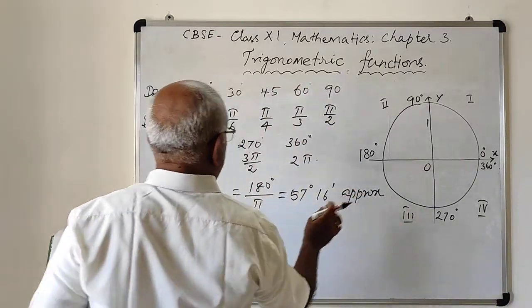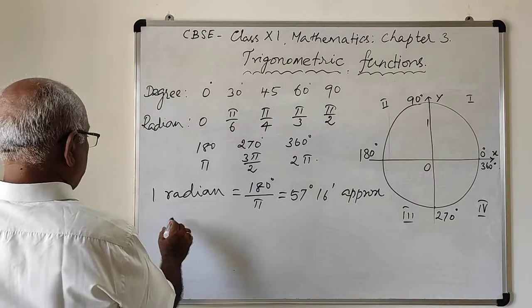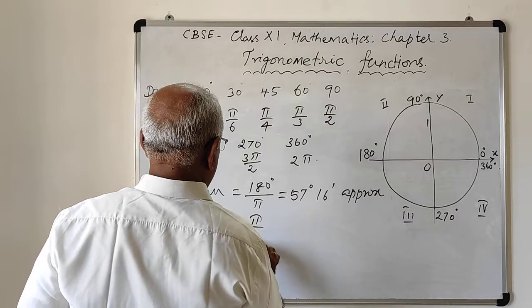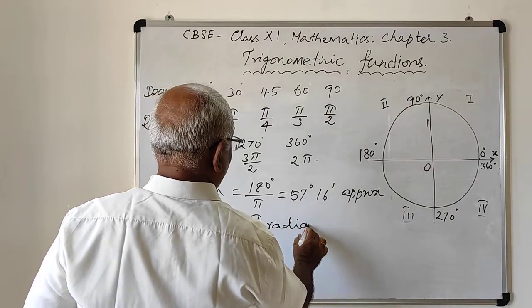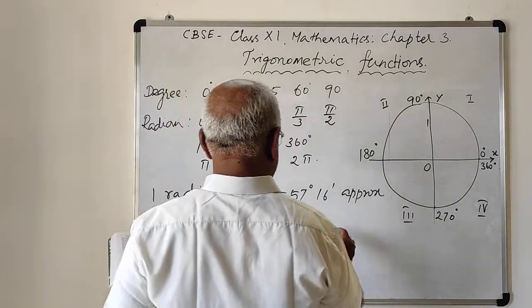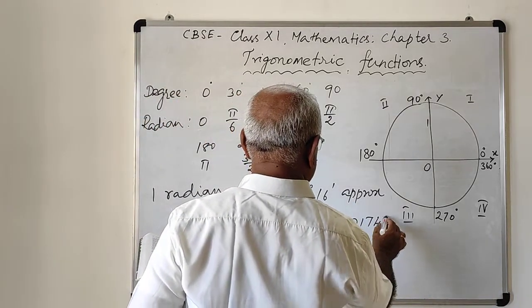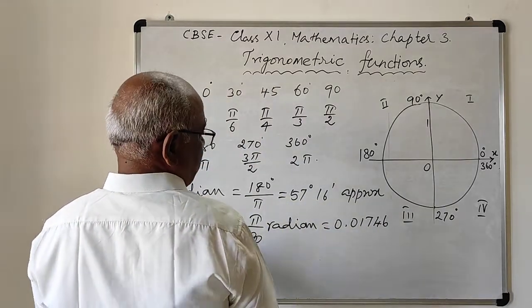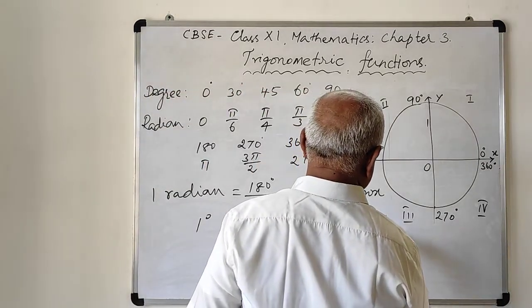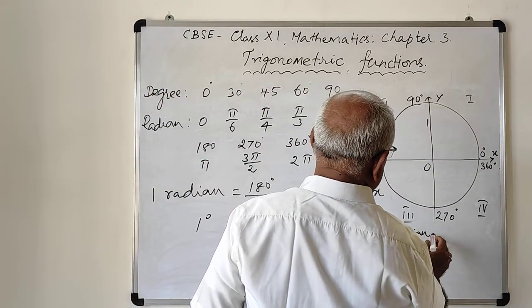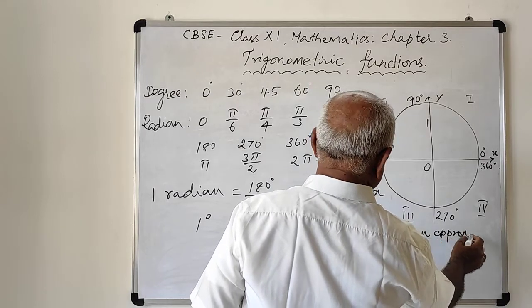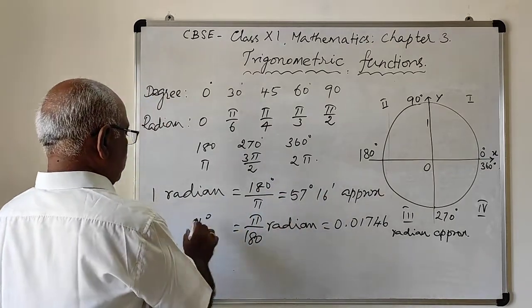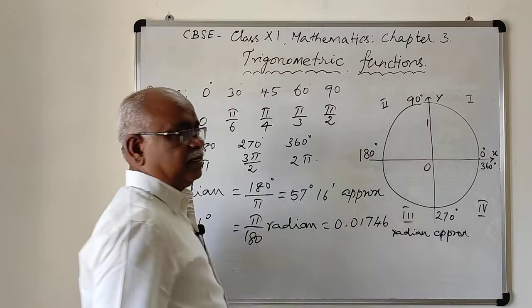Similarly, 1 degree is equal to pi by 180 radian, that is equal to 0.01746 radians approximately. These two results you have to remember. 1 radian equal to 57 degrees 16 minutes, 1 degree equal to 0.01746 radian.